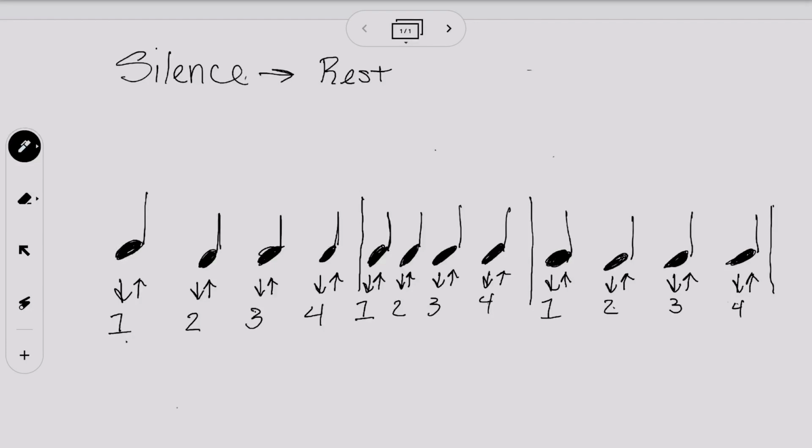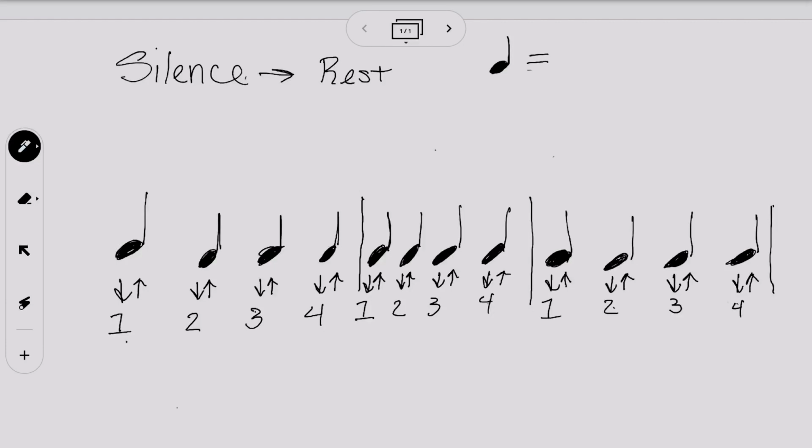So let's say, for example, we have a note that gets one beat. What note gets one beat again? Oh yeah, the quarter note, right. So the quarter note gets one beat. Now, we'll have a rest that gets one beat as well. So we learned that our quarter note, which gets one beat, now we have a quarter rest.